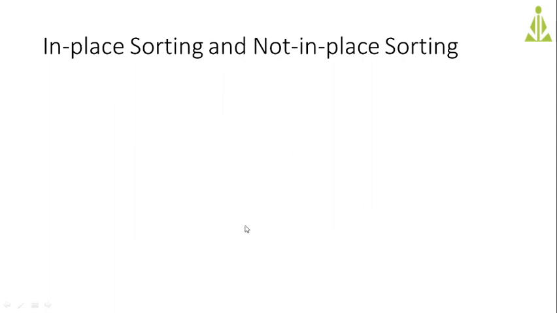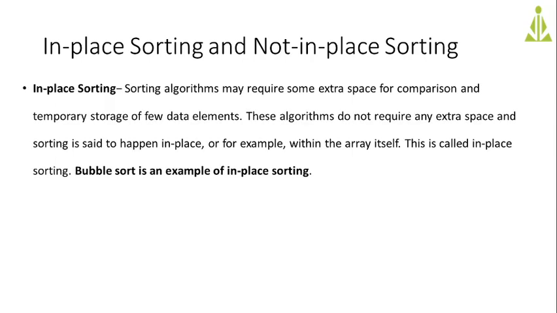Now we'll see what is in place sorting and not in place sorting. An in place sorting algorithm may require some extra space for comparison and temporary storage of a few data elements. This algorithm does not require any extra space, and sorting is said to happen in place, for example within the array itself.